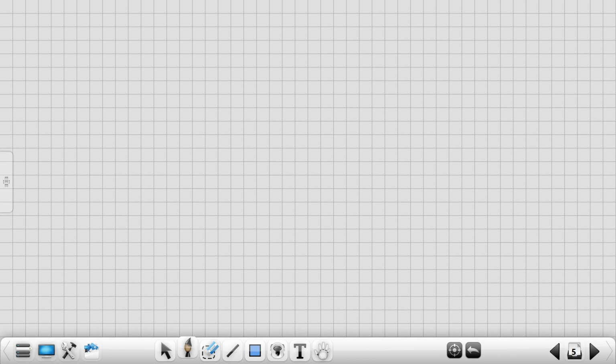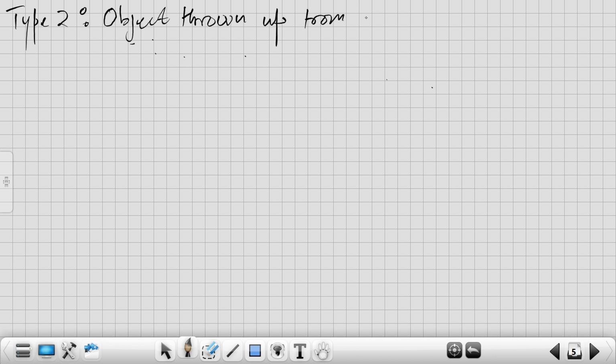Then we move to type 2. Say type 2. And then in type 2, an object thrown up from a point and caught at the same point.